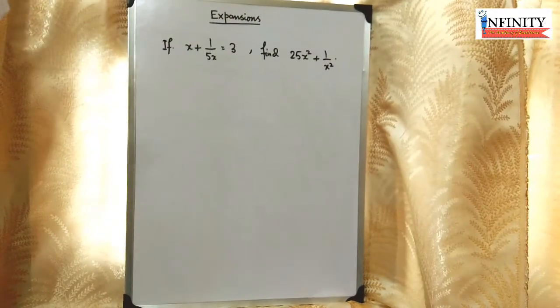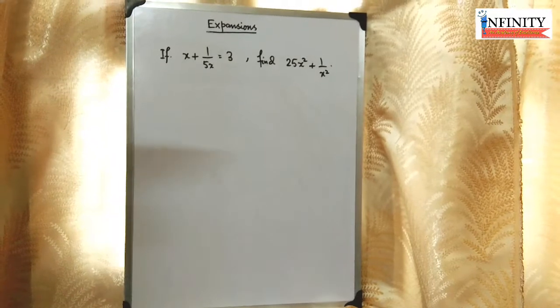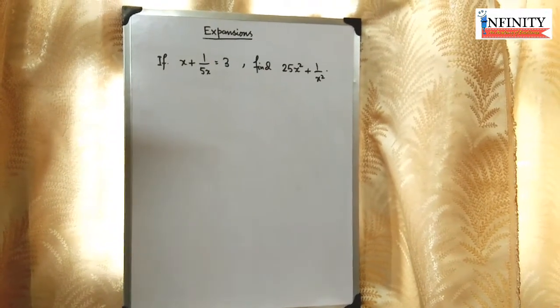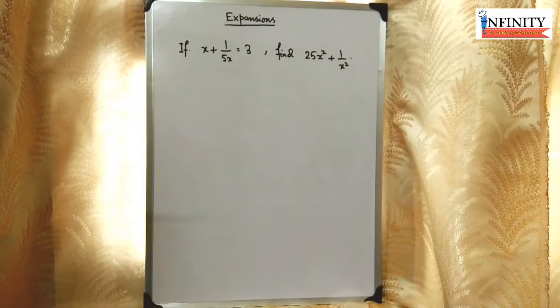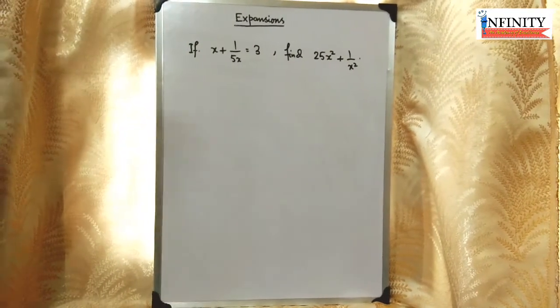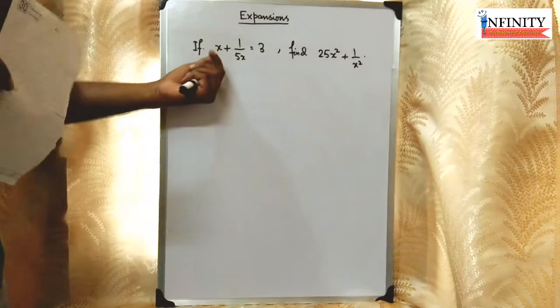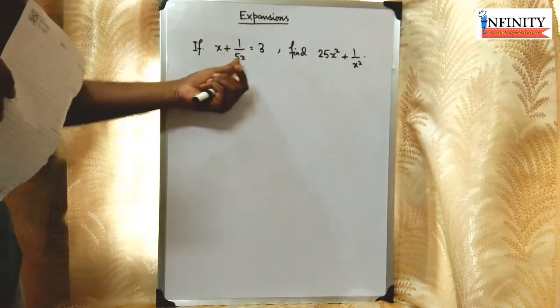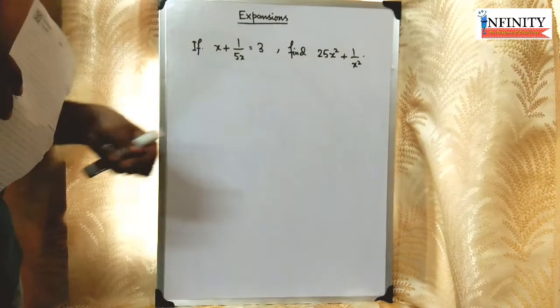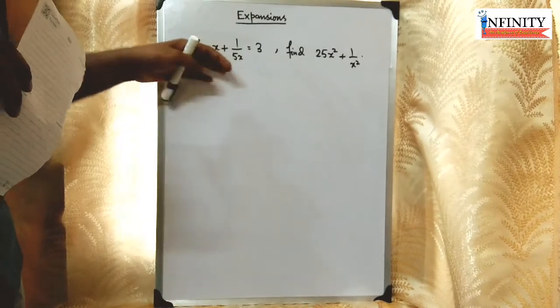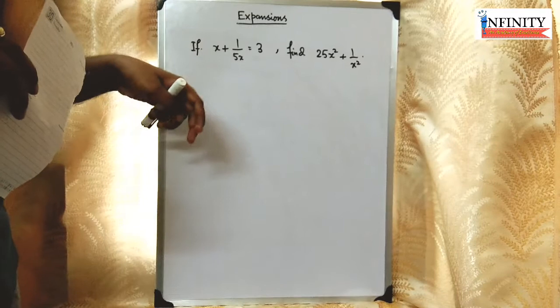If x plus 1 by 5x equals 3, then you have to find the value of 25x squared plus 1 by x squared. See, if you take this as a and this as b, that is a plus b equals 3, then you can find a square plus b square, right?